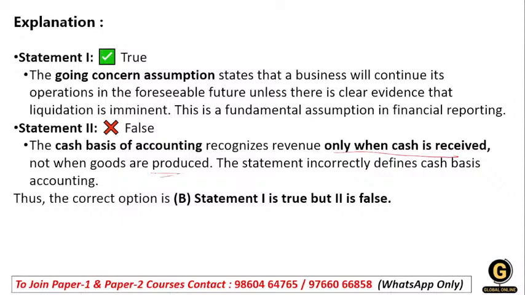Producing goods is a different thing. Most of the time, whatever we produce is not sold out, or we do not get cash from that production. Receiving cash is a different thing, when we sell out those goods and services.